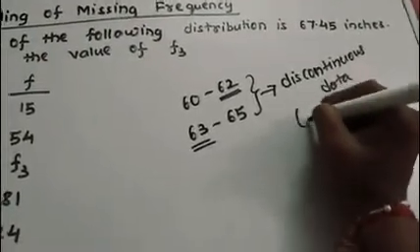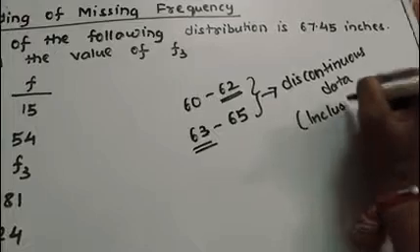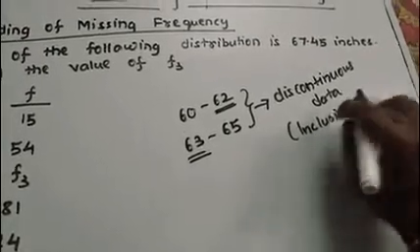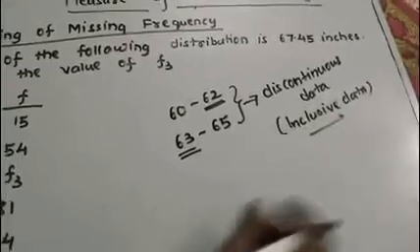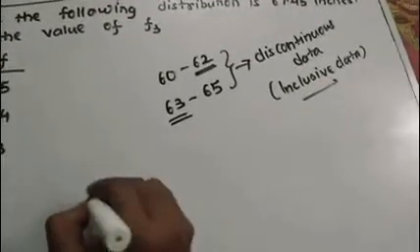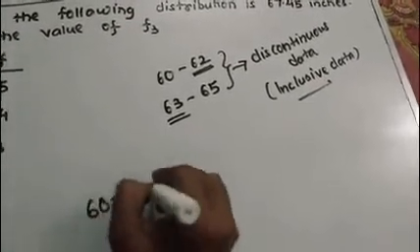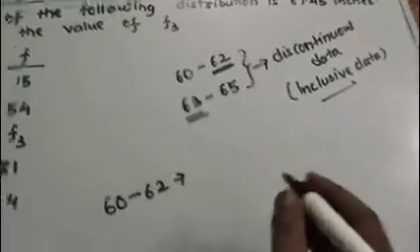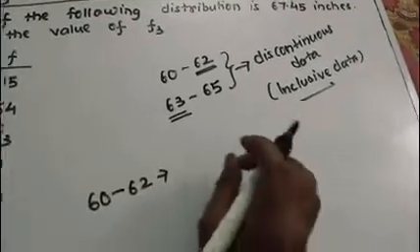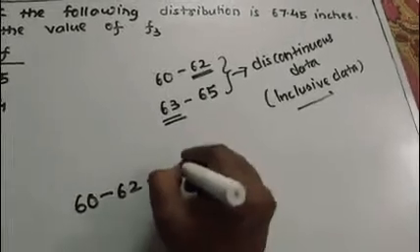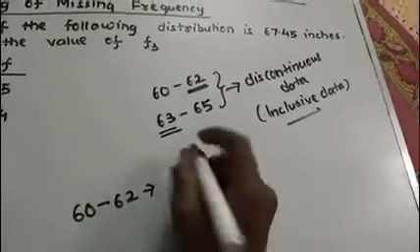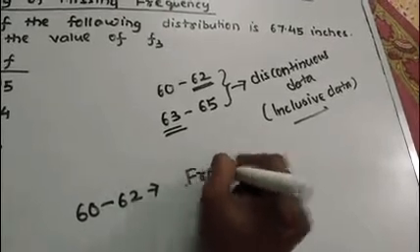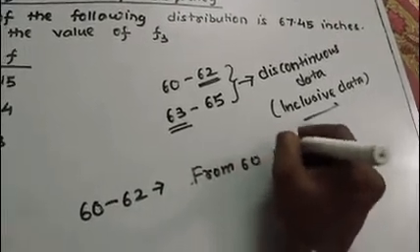That is also called inclusive data. How inclusive? Here the data is defined in this way: 60 to 62, in the case of discontinuous, is defined in this way: the collection of those numbers which are from 60 up to 62.